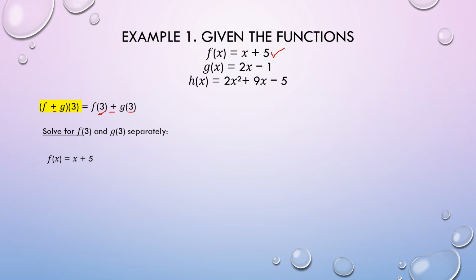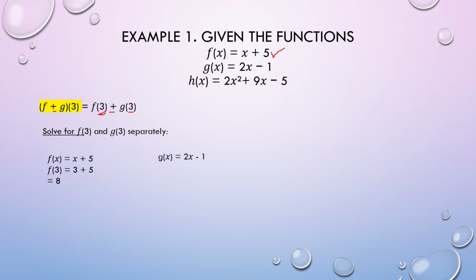Since the given says we're going to use 3 as the value of x, therefore we have 5 times 3, our x here is 3, and then plus 3. So our f at 3 now is equal to 18. Okay, we are done with f at 3.